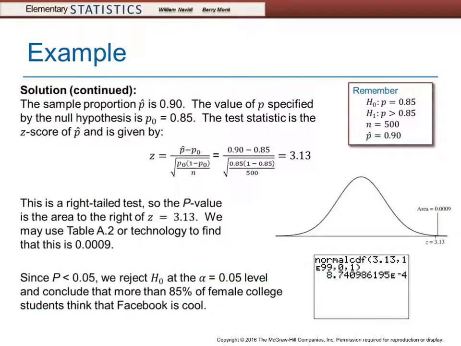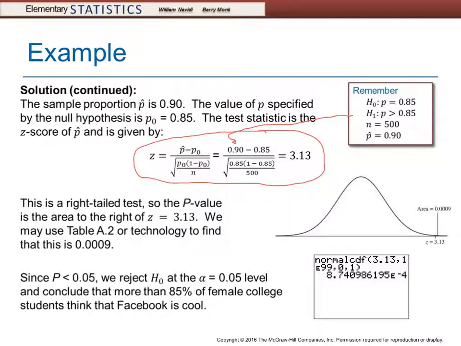So after we've done step 1 and 2, now we check the test. We calculate the test statistic, and when we do that, we use the formula for the test statistic for proportions. There it is. And we take the information that we know and plug it into the equation.